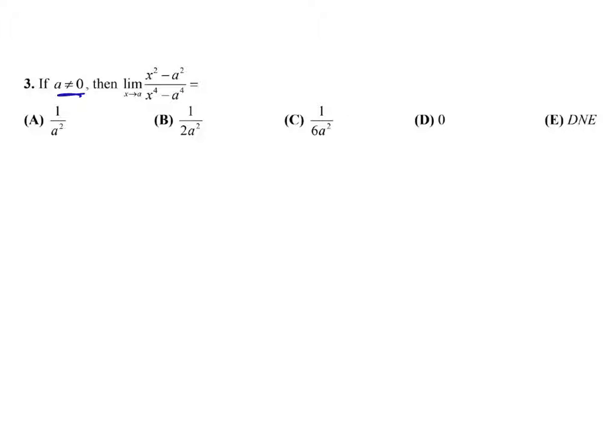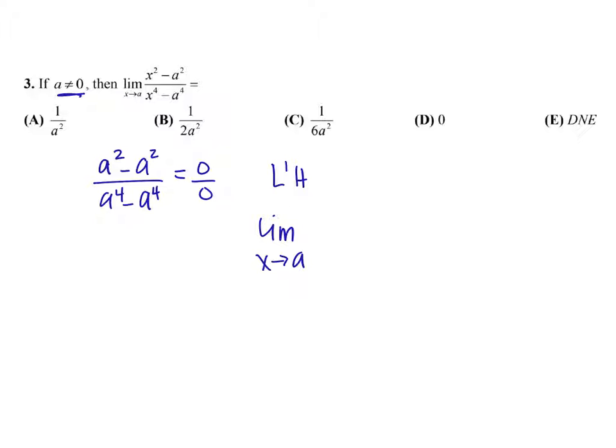Okay, for number 3, it is important for us to remember that a is indeed a constant value. So if I do our substitution, of course, you're going to get a squared minus a squared over a to the 4th minus a to the 4th, or we're going to get 0 over 0. So that does imply that we need L'Hopital's rule. And so here we have the limit as x approaches a, and in the numerator we're going to have 2x.